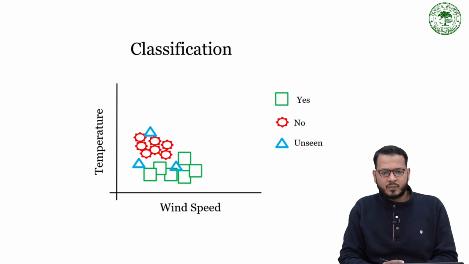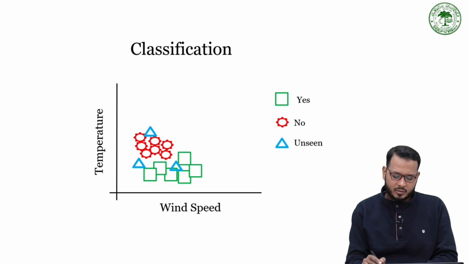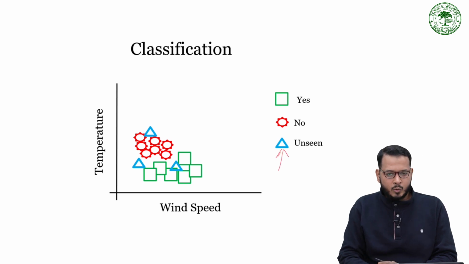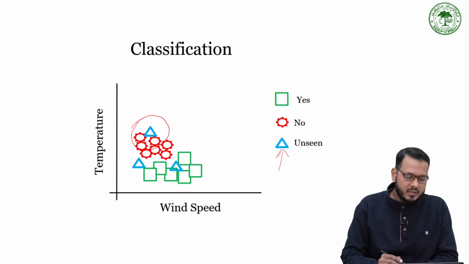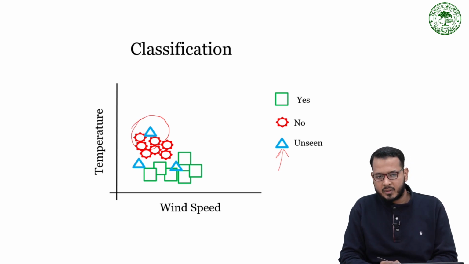The intuition of k nearest neighbor is that if you want to identify the class of unseen examples, look at the neighbors. So for the first case, if we check the neighbors of this specific unseen example, we can see that the majority of its neighbors are nos, represented by red circles.